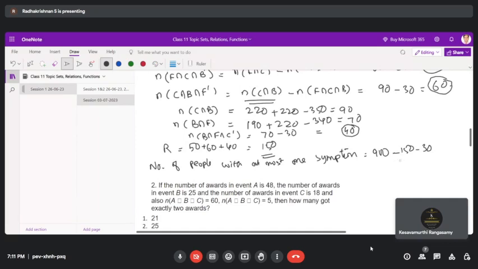When we remove 2 and 3, it is going to be 0 or 1 symptom. So what is this? 820, sir. 720. 720, sir. Okay, the number of people with at most 1 symptom is 720. So it's not very difficult, but it requires a little bit of thinking.